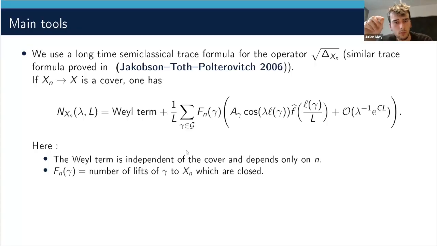But then the path you get by following a lift continuously doesn't need to close. You just end up on another lift of the base point. So Fn of gamma counts this number. Essentially, when you have a closed geodesic, it induces a permutation on the fiber of a base point.